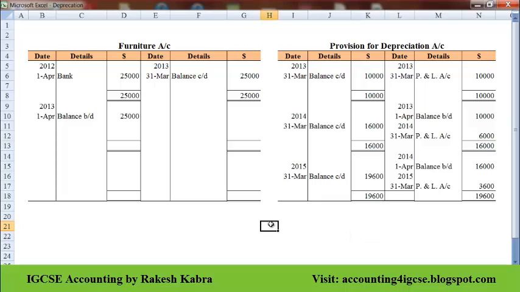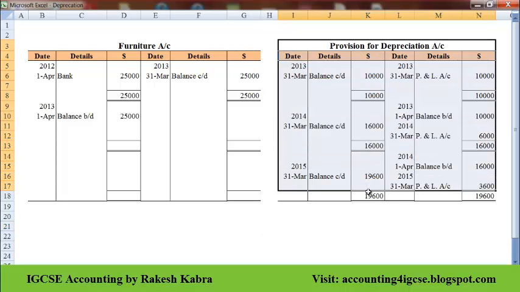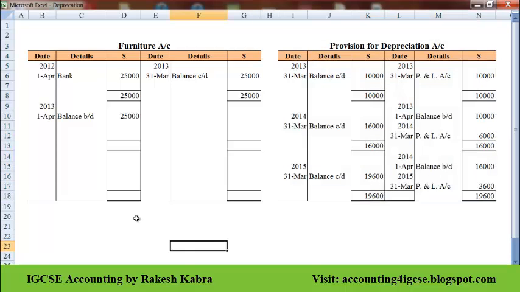Now if anybody asks what is the value of furniture at the end of the third year, and we have prepared this provision account for 3 years, see what I will tell. First I will take the opening value, 25,000, and minus 3 years of accumulated depreciation.